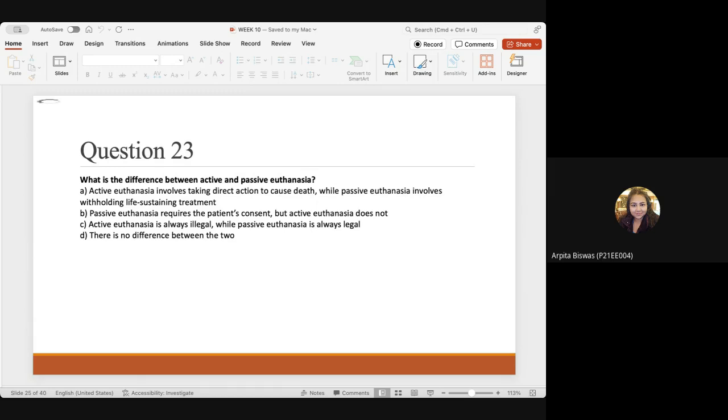And second option is the passive euthanasia requires the patient's consent, but active euthanasia does not. And option C is the active euthanasia is always illegal, while passive euthanasia is always legal. And option D is there is no difference between the two. So go through the question carefully and try to find out the right option.